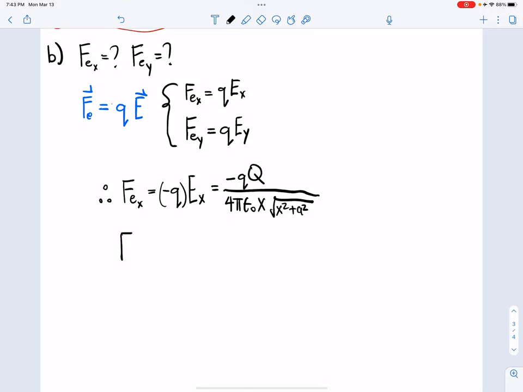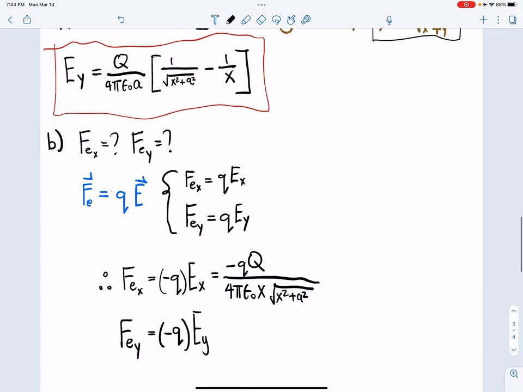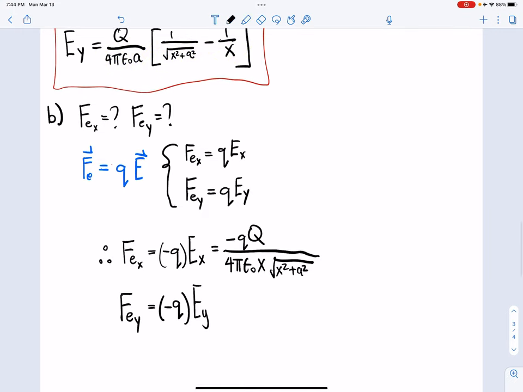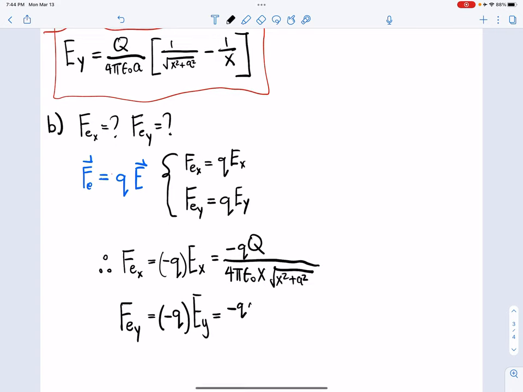And for the y component of electric force, that's equal to the given charge, which was negative q, times the y component of electric field, which we solved for right here. And I'm literally just going to plug that in. So that's equal to negative q times capital Q divided by, or actually, instead of having this negative q here, I'm going to distribute this negative inside this parenthesis.